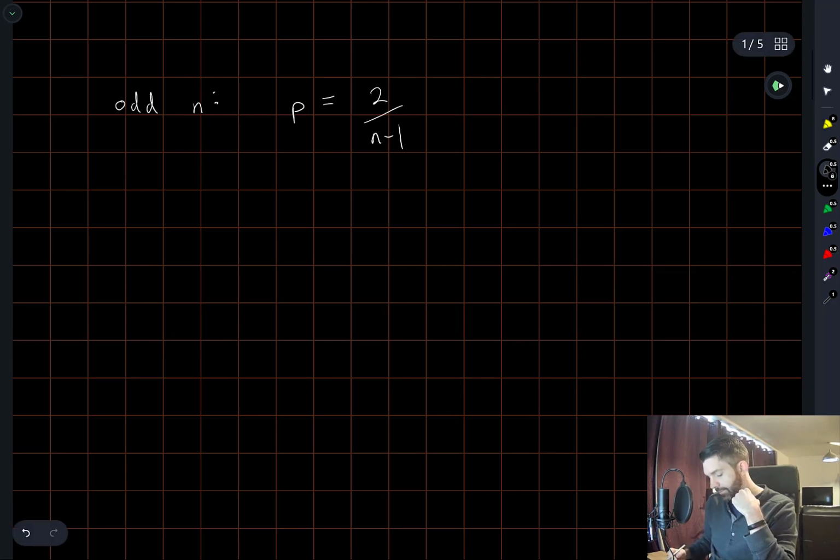Okay, so let's start with odd n. The probability is going to be 2 divided by n minus 1. Right, so if there are 7 people around the table, it's going to be 2 out of 6 for any value of k.